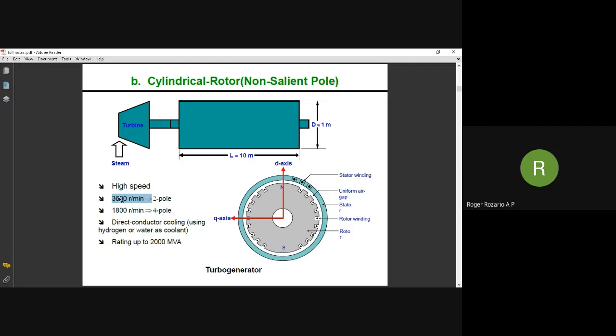Can you tell me what is the speed for a 2-pole alternator? For a 4-pole alternator, what is the speed?